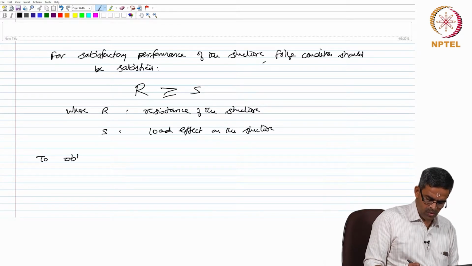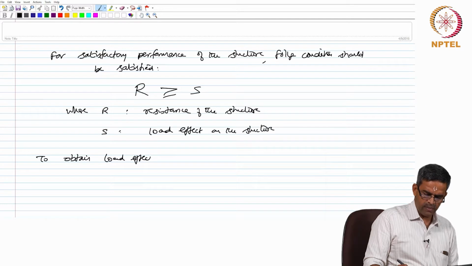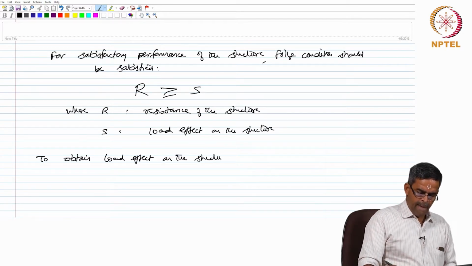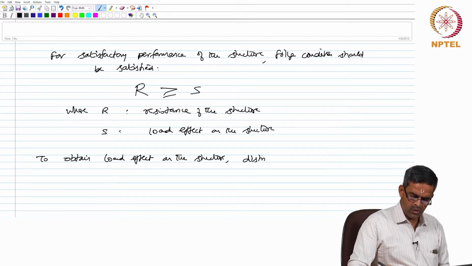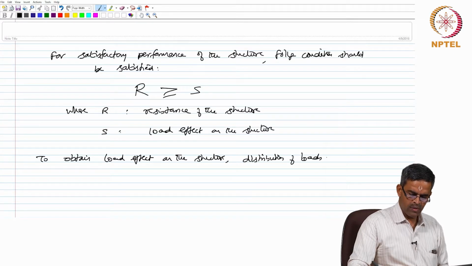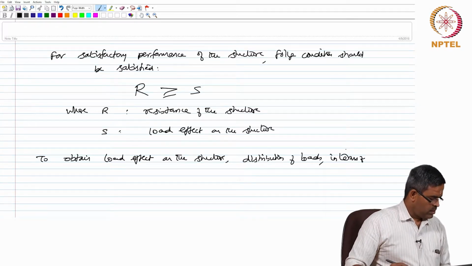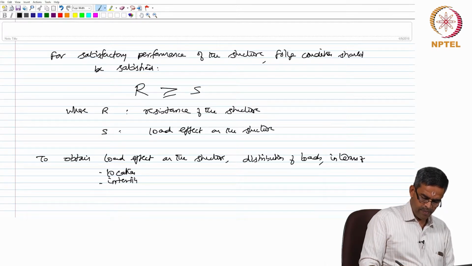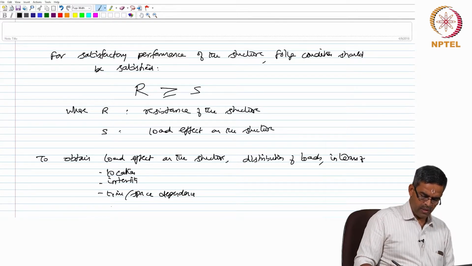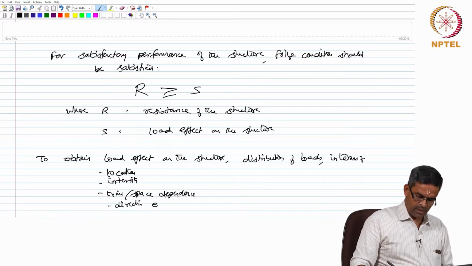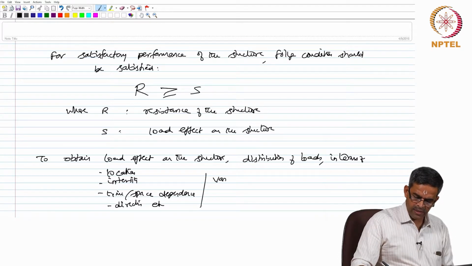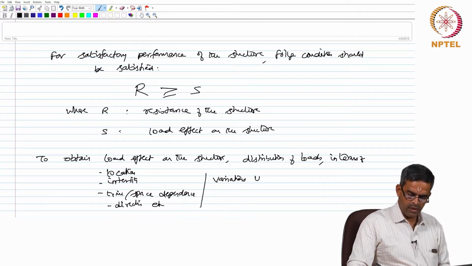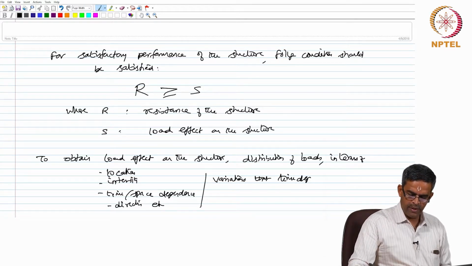Now, to obtain the load effect on the structure, the distribution of loads in terms of its location, intensity, time and space dependence, direction, etc., which are all variations that are time dependent, need to be modeled.